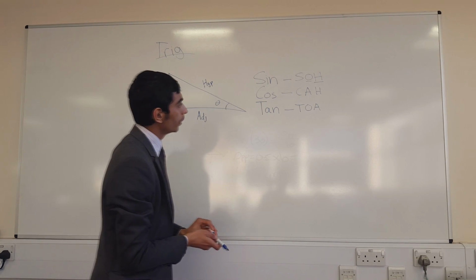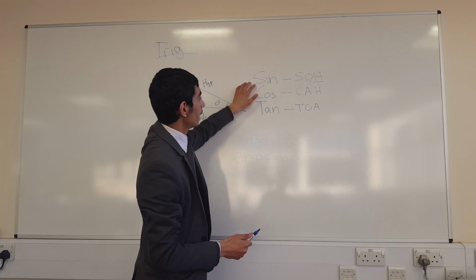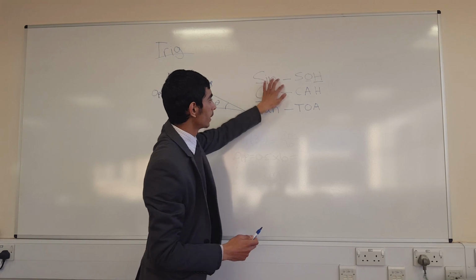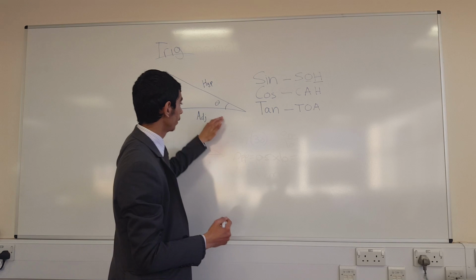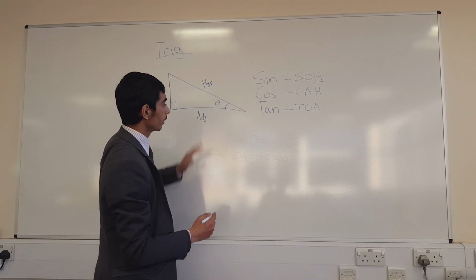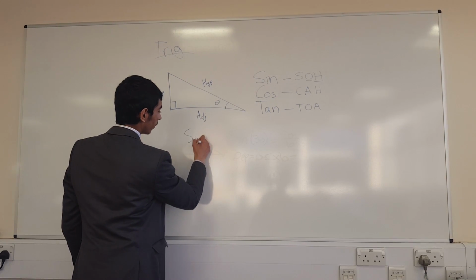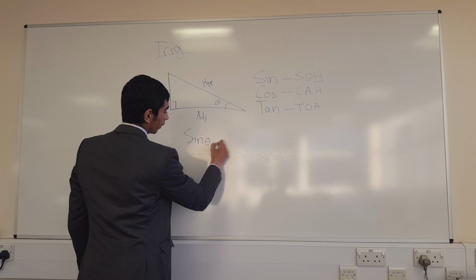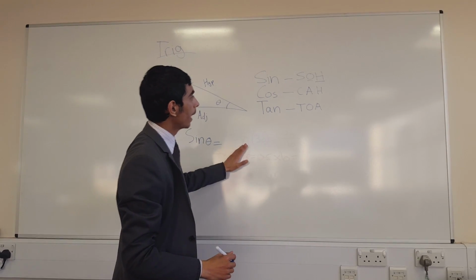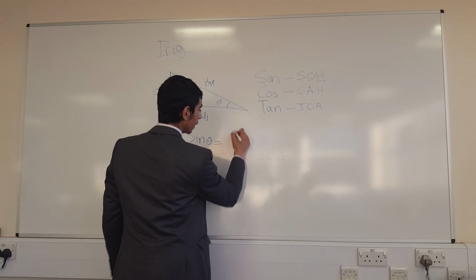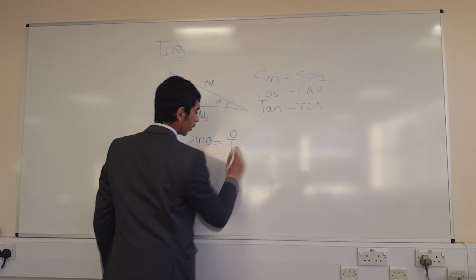So we use the function sine and apply it to a particular angle, in this case sine theta, and that always turns out to be the opposite over the hypotenuse.